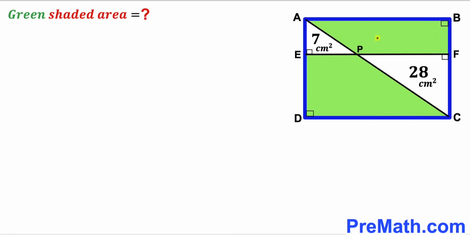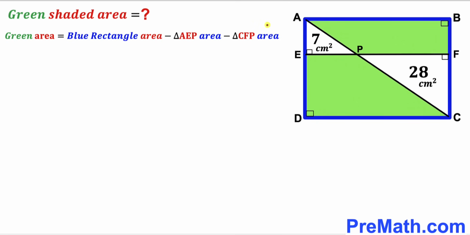Since we are interested in calculating the area of this green shaded region, this area and this area combined, let's focus on this equation. The green shaded region area is equal to the area of the blue rectangle ABCD minus the area of the smaller triangle AEP and minus the area of the other right triangle CFP.